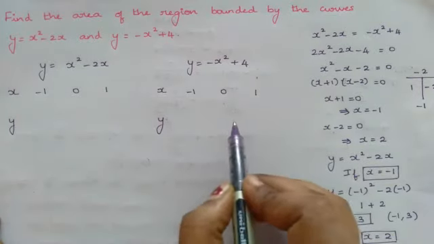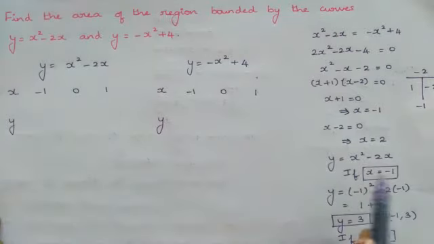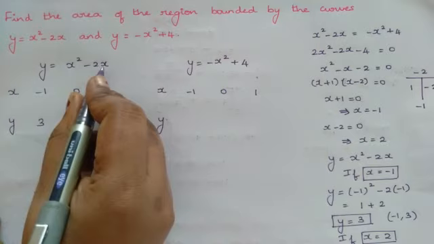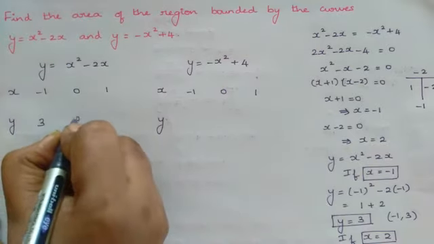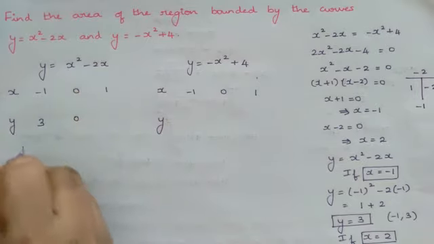If x is minus 1, as we just identified, y is equal to 3. If we substitute x as 0, y will also be 0. If we substitute x as 1, this is 1 squared.